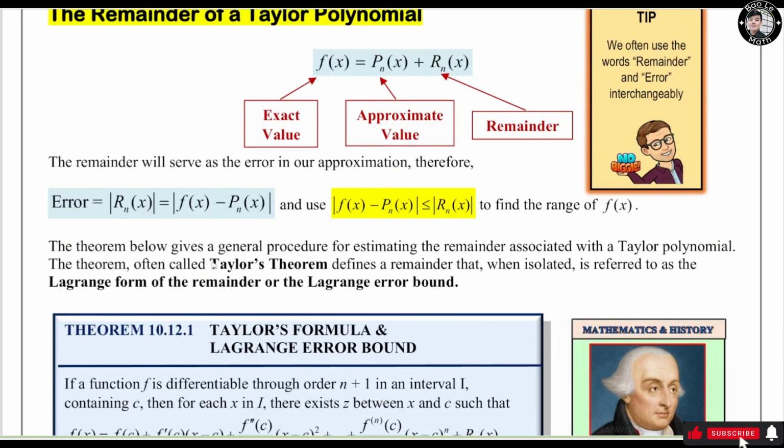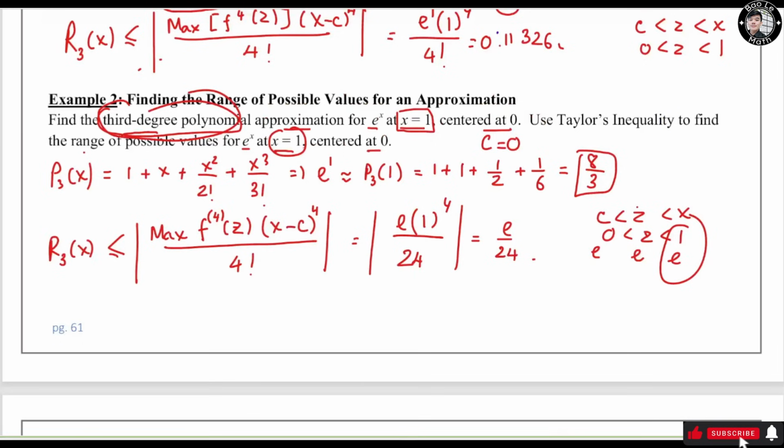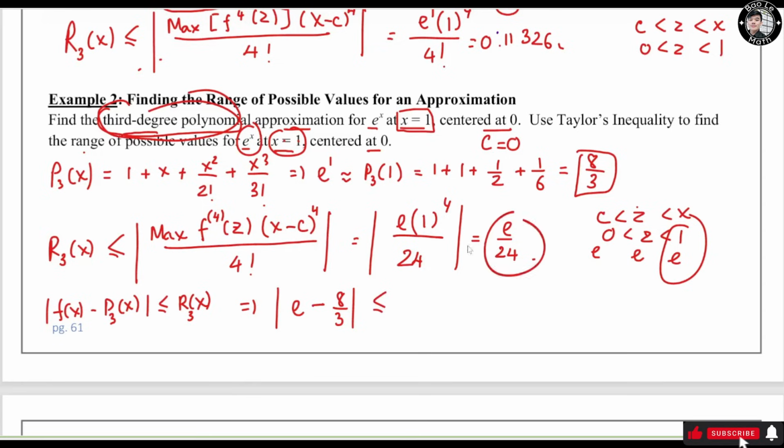Now we're going to use the formula right here. So we have now f of s equals e to the s and s equals 1, so it can be e to the first. So it can be the absolute value of e minus p sub 3. This is r sub 3, and p sub 3 is going to be 8 over 3, less than or equal to e over 24.